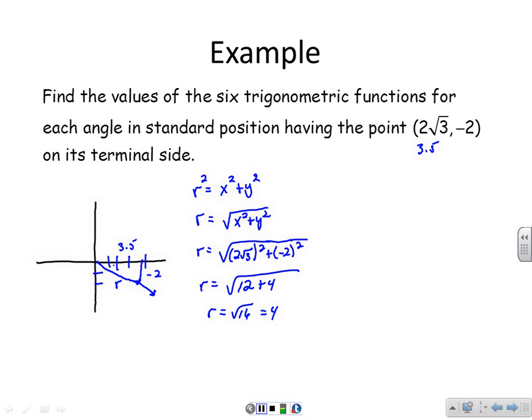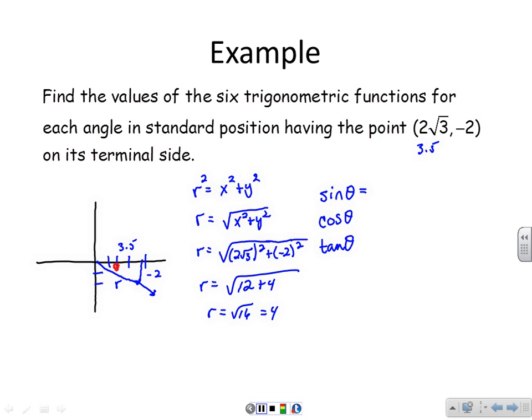Again, theta is going to be right here. Having theta, we're going to find our 6 trigonometric functions of theta. We have sine theta, cosine theta, and tangent theta, and then of course we'll have the reciprocals of those.